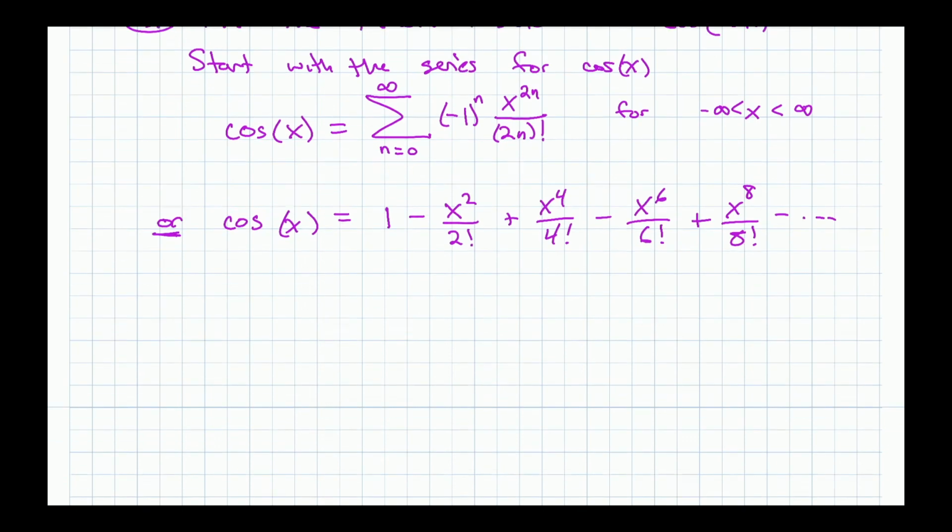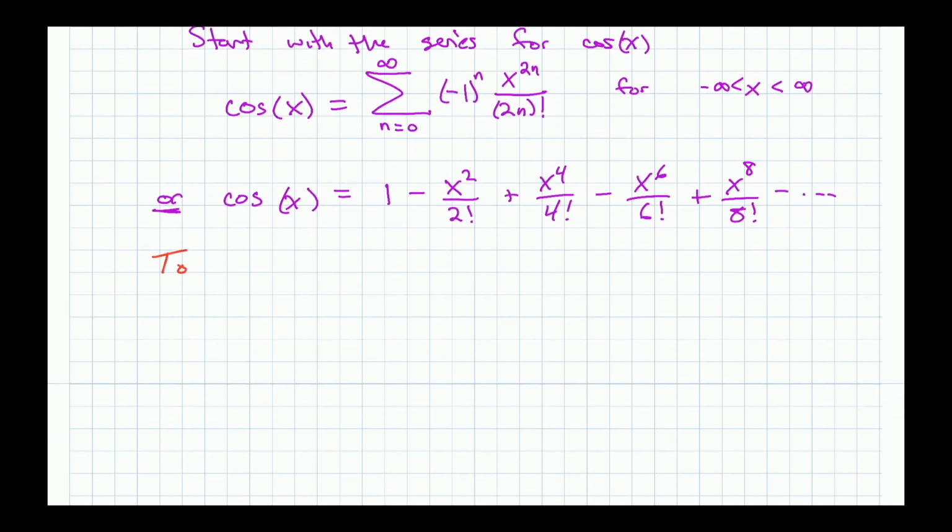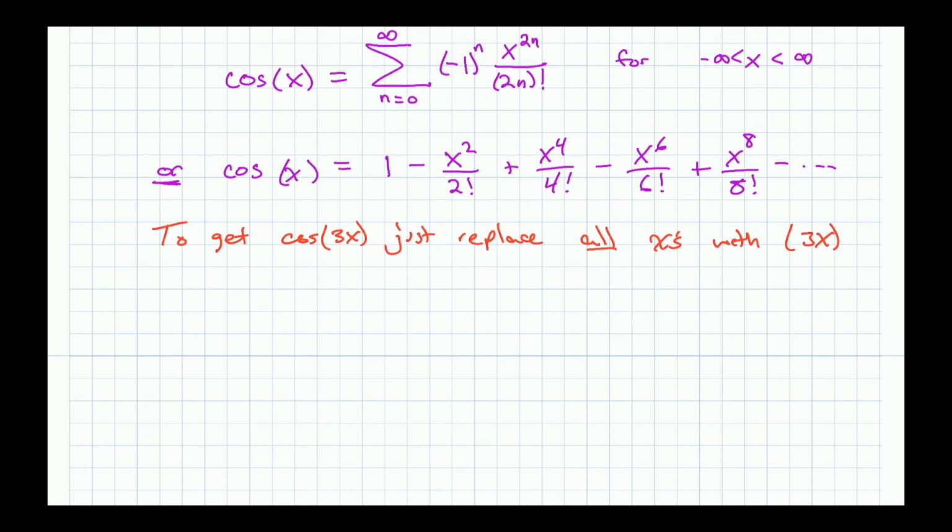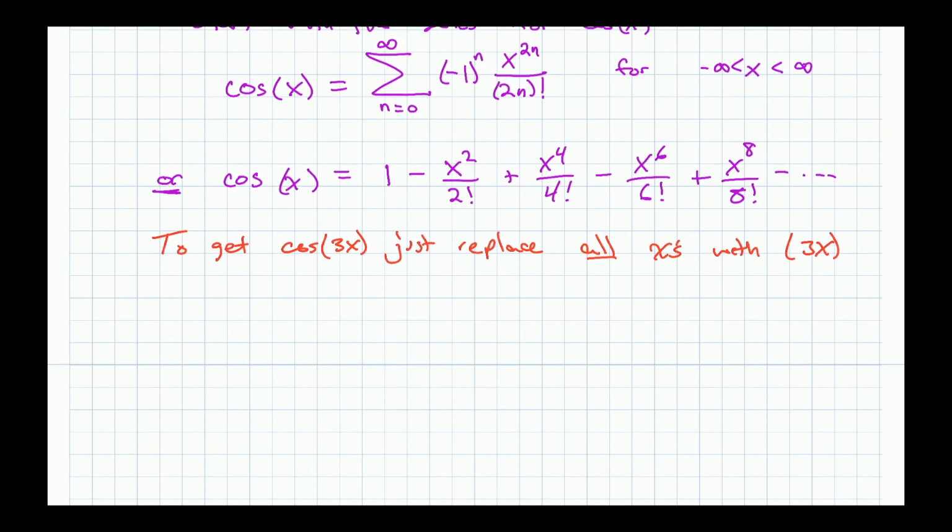Not x. So to get cosine 3x, just replace all x's with 3x. That's it. That's all you have to do. So you could do that in this formula here.